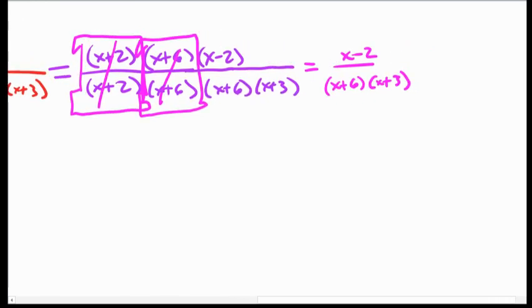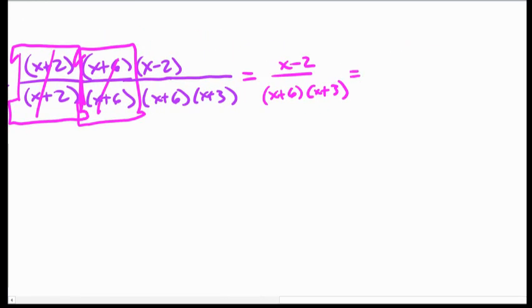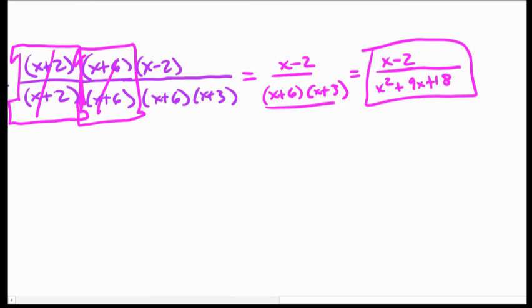Then I personally think that simplifying and putting it in standard form is best. So I'm going to multiply this out, x plus 6 times x plus 3, which gives us x squared plus 9x plus 18. And this is my final answer after canceling as much as I can.